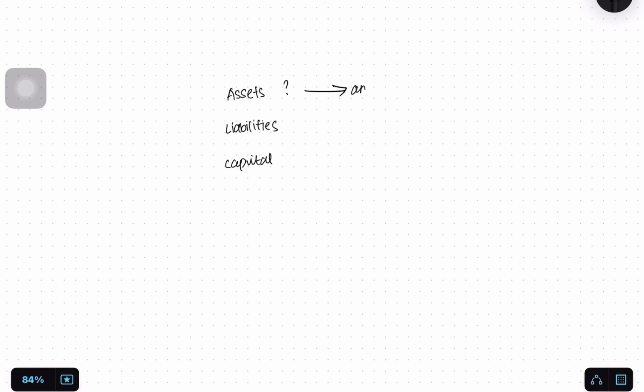Assets are anything that is owned by the business. And what are liabilities? Anything that the business owes.